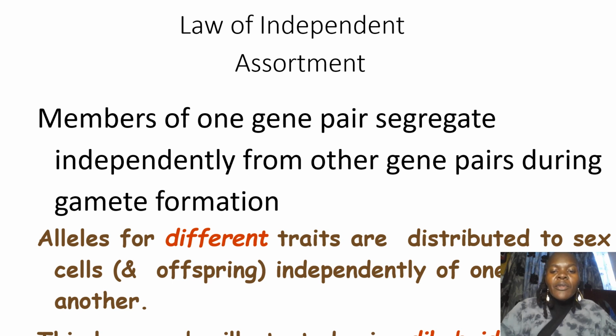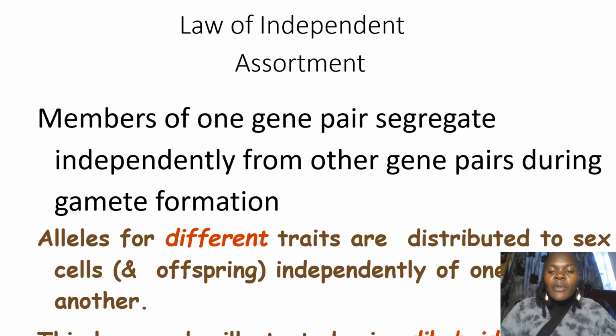So we talk about these two genes which are controlling those traits. They are distributed to sex cells, that is the offspring, the F1s, if you have the parental generations, independently of one another. And this law is expressed well using the dihybrid cross.